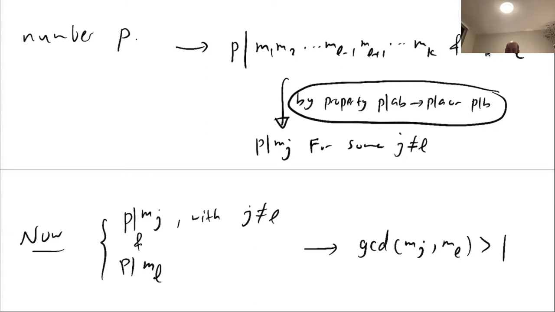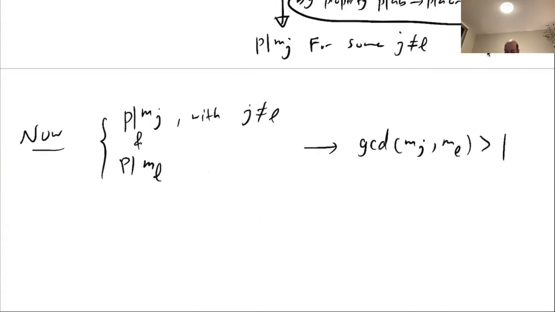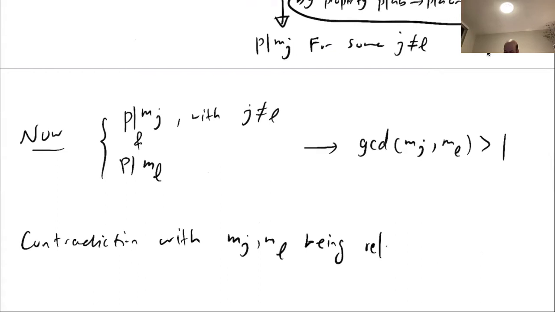If MJ and ML have a common divisor P, which is bigger than 1, P is a prime number, then of course the greatest common divisor between MJ and ML is still bigger than 1. And this is a contradiction with MJ and ML being relatively prime.